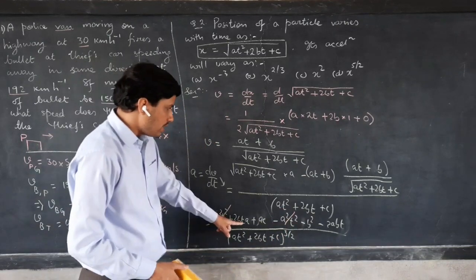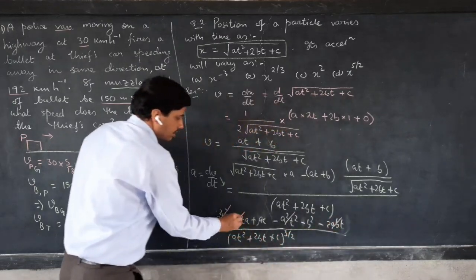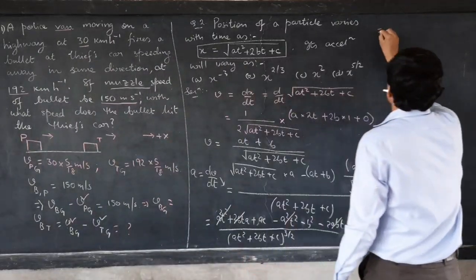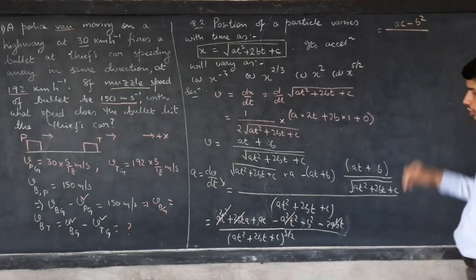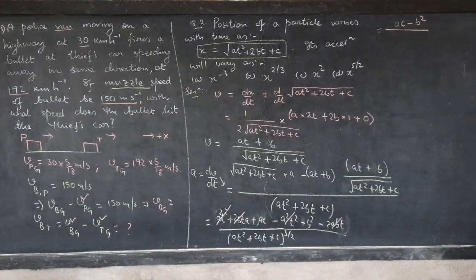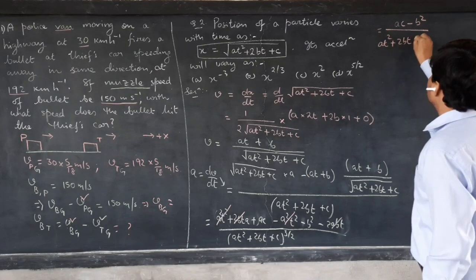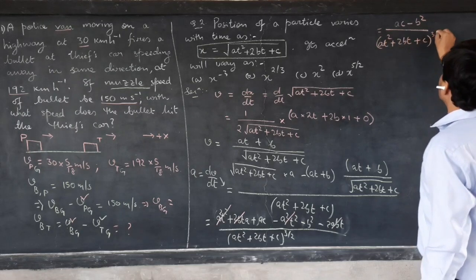So we have 2BTA, here also 2ABT, so these two terms will also cancel. So what is left behind is AC minus B square in the numerator, divided by AT square plus 2BT plus C to the power 3 by 2.